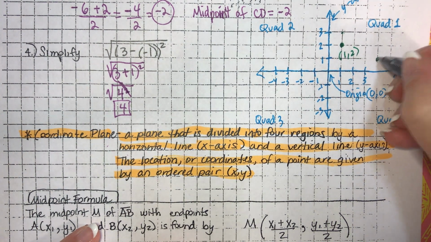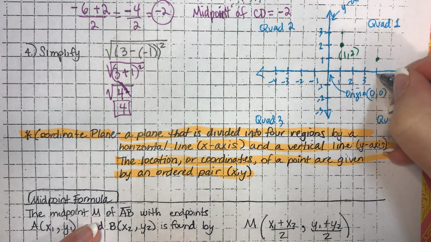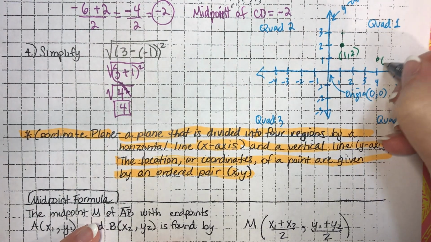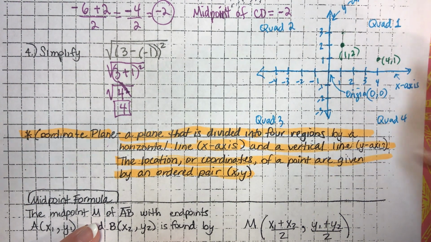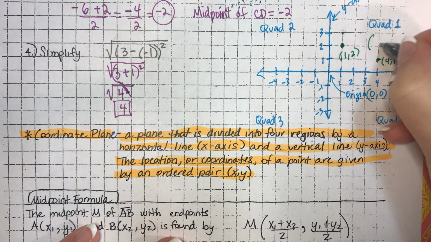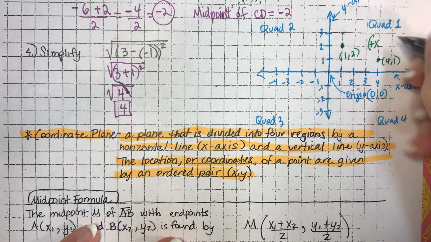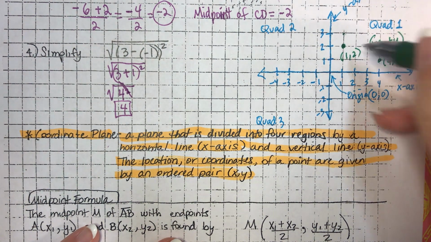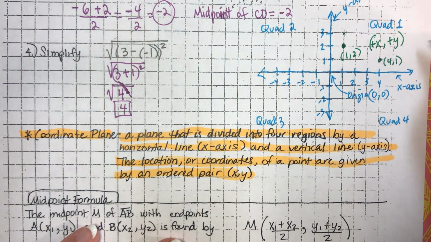Let's look at another one right here. I'm going to make this 4. The x is 4 and the y is 1. Again, positive, positive. So every point in quadrant 1 has a positive x and a positive y.